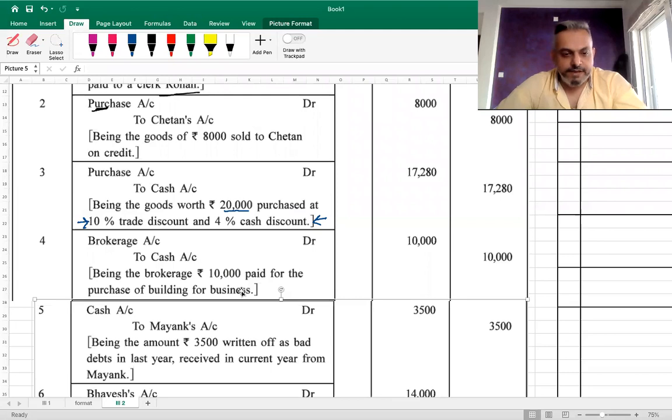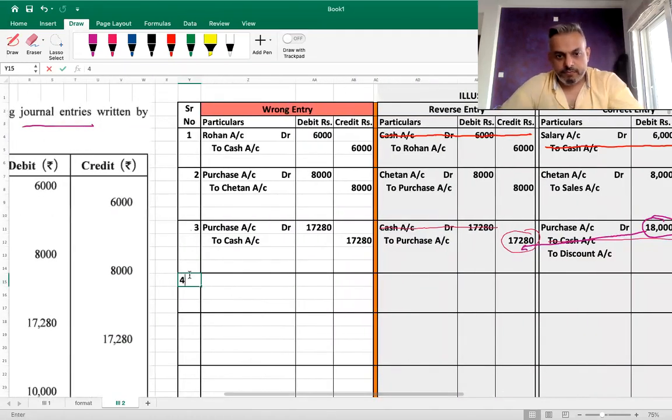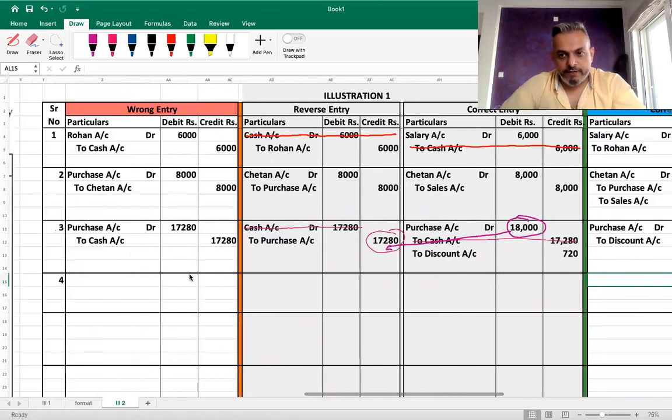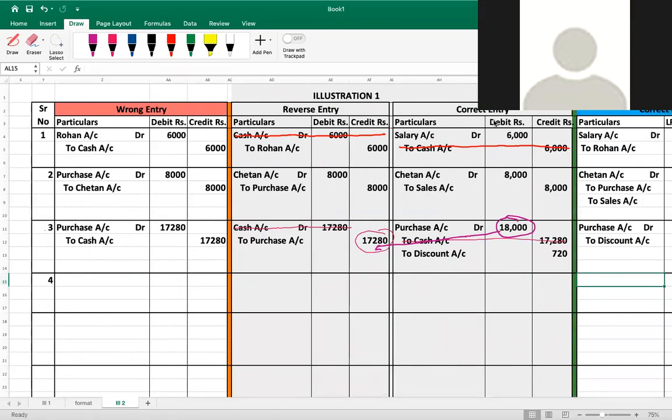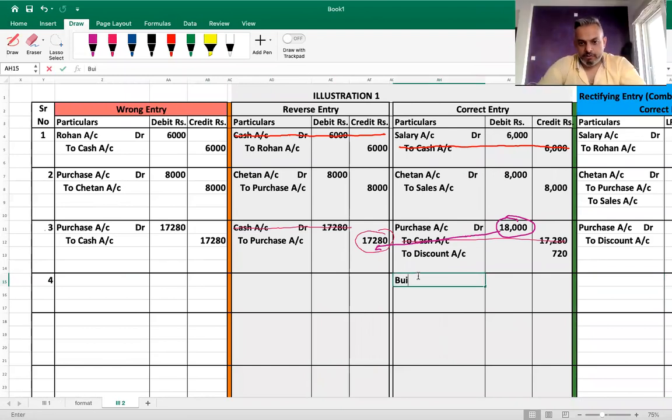So first tell me what is the correct entry? Building account debit 10,000 to cash account 10,000.